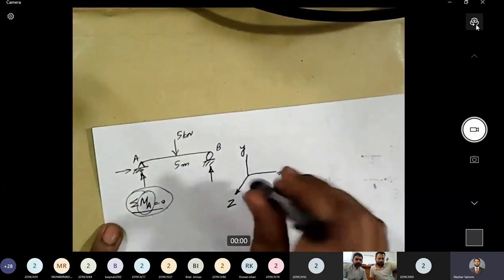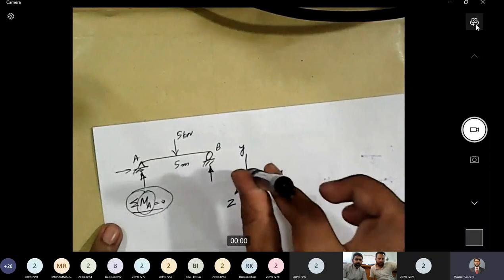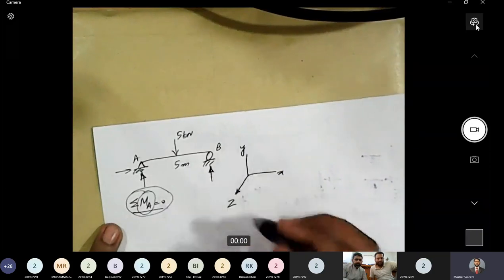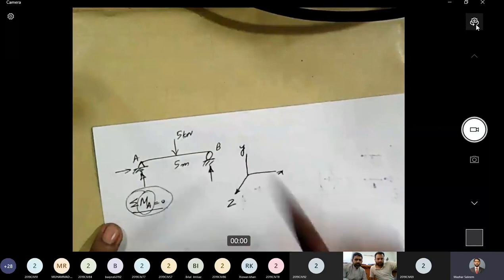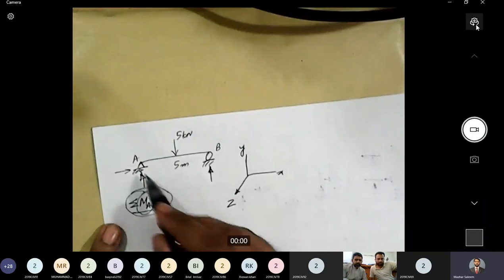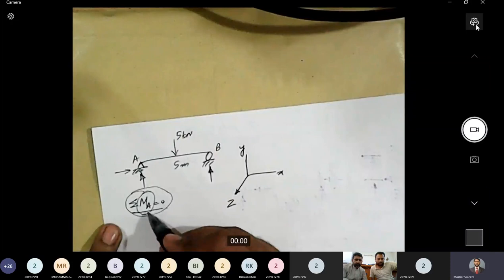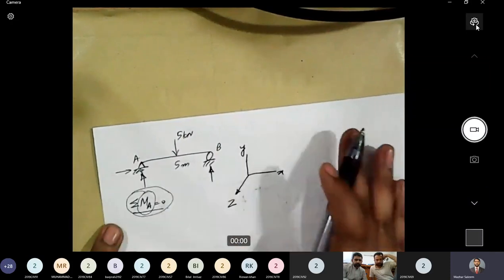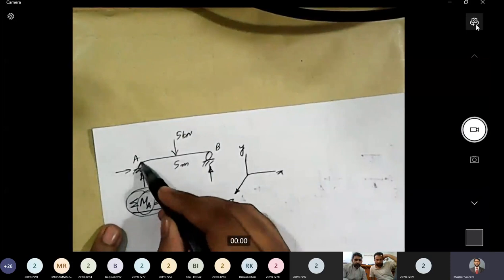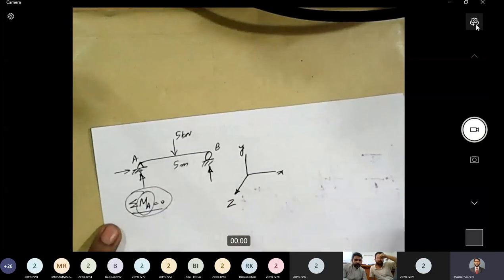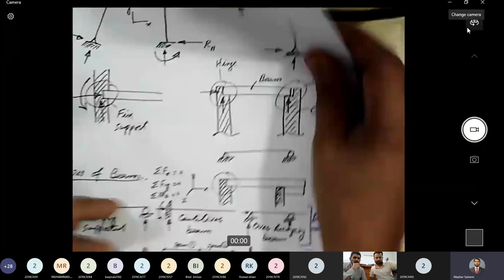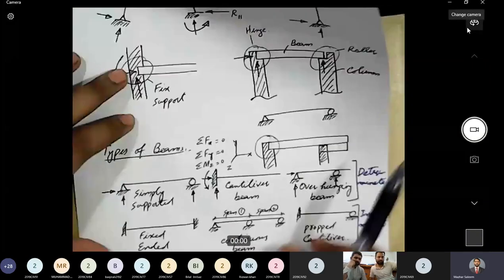So z is basically out of plane. X is rightward, y is upward, and z is outwards. When I say MA, I mean moment about an axis which is perpendicular to the xy plane and passes through point A. So that is Mz. Okay, now let's come back to our beam types.